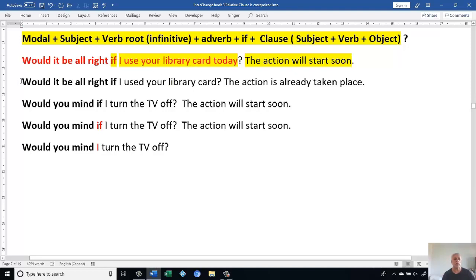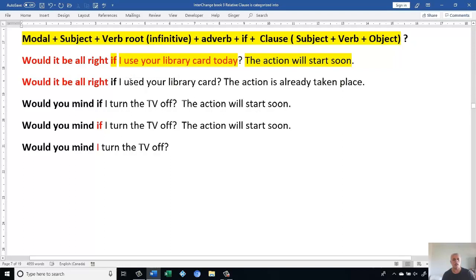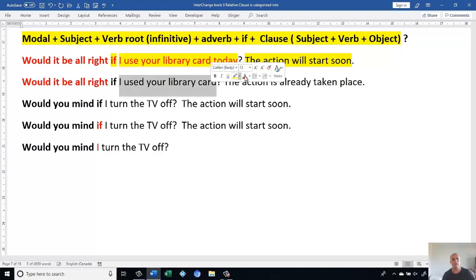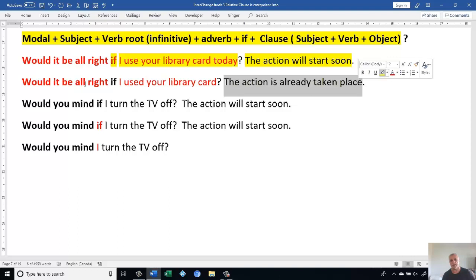And then we have the same thing but in a different form. For example, look here. Would it be alright? The first part is exactly the same, but in the second part, when we have if, then the second clause is I used your library card. It means the action has already started, and then we connect it with if. Then we say the action has already taken place.